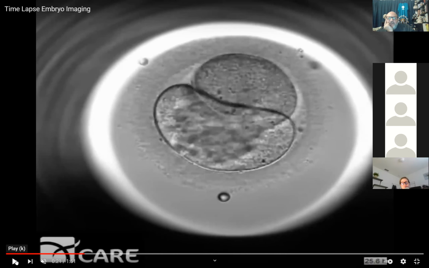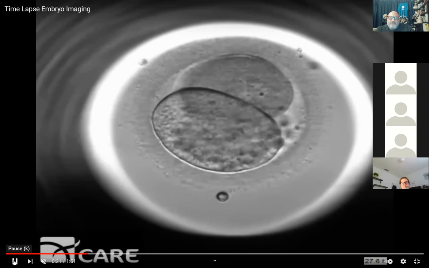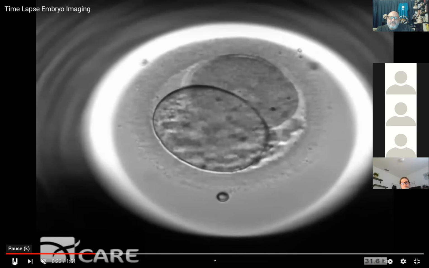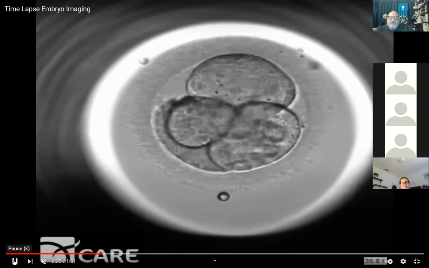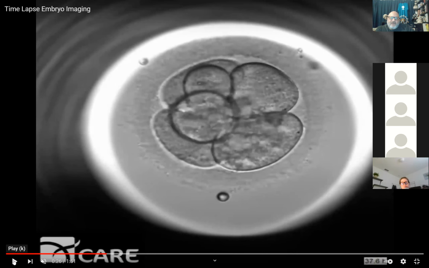And there's our first division. Our zygote has divided into 2 blastomeres. Those 2 have divided into 4. And notice they're also starting the 3rd cleavage formation as well.